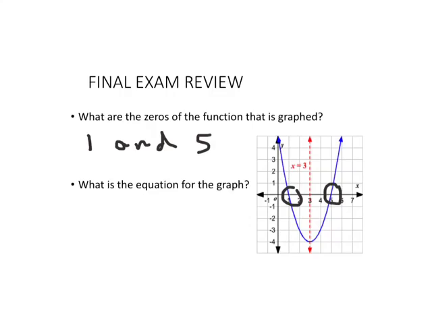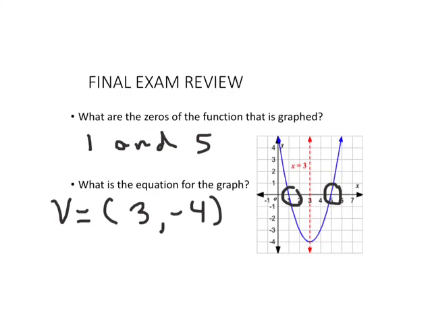The second question in dealing with that graph is, what is the equation? Well, if we look at that graph, we can identify the vertex. The vertex of that graph is the ordered pair 3, -4.